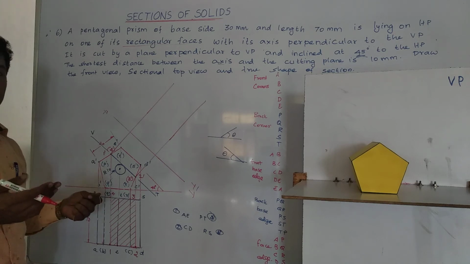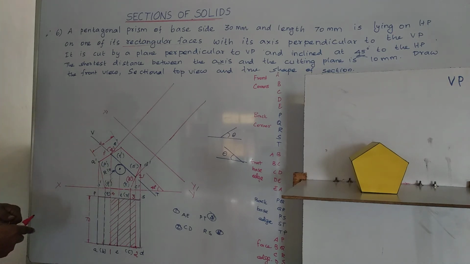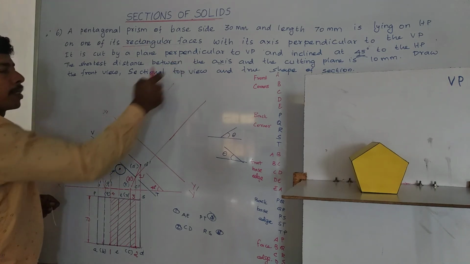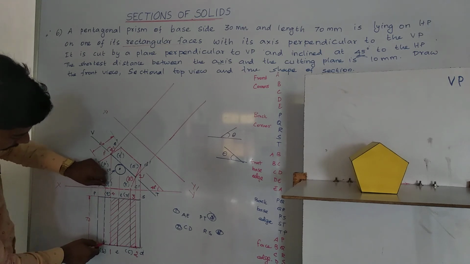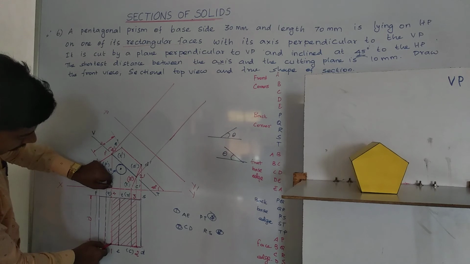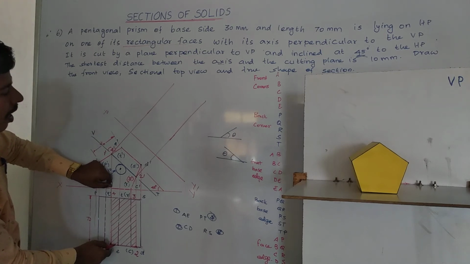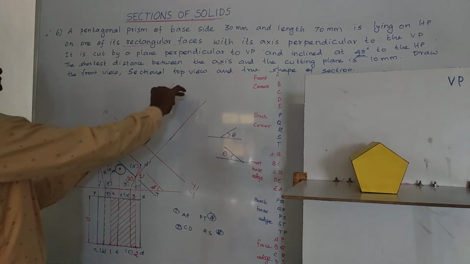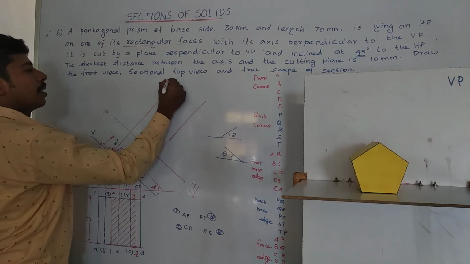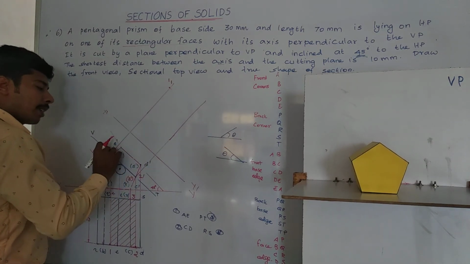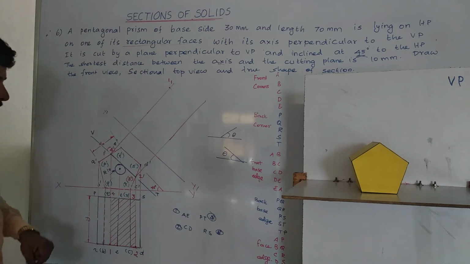We have to take measurements from the top view. So here from 1 I am projecting. For 1, I mark the distance from the old reference line, and then in the same projector I mark it from the new reference line. This is 1 dash.